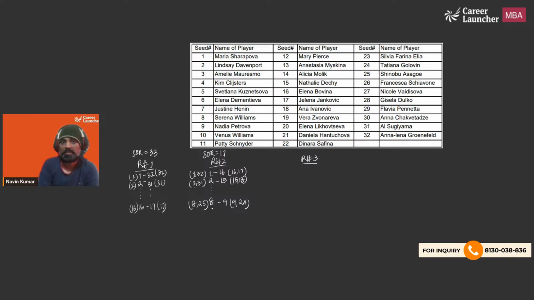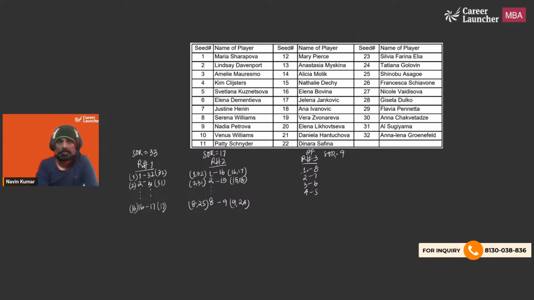So in round number 3, you will further halve 8 and you will write down 1, 2, 3, 4, 5, 6, 7, 8. So it's easier to write down 8 numbers rather than 16. So in quarterfinal, I'm going to write down everything. Now, sum of the ranks over here is 1 plus 8, that is going to be 9.